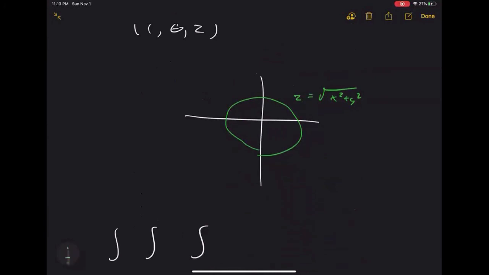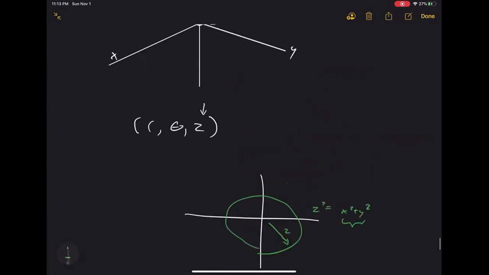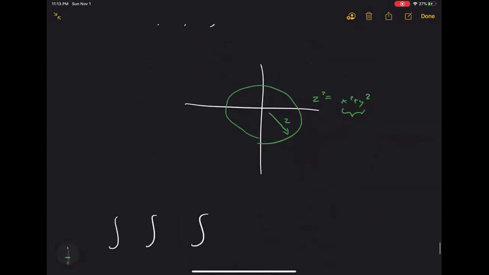So if I have this equation, then z squared is equal to x squared plus y squared. So this is a circle. This is the equation of a circle with radius z. So these cross sections have radius z.